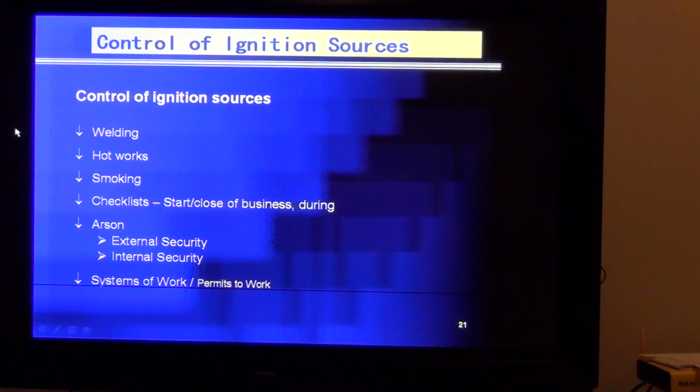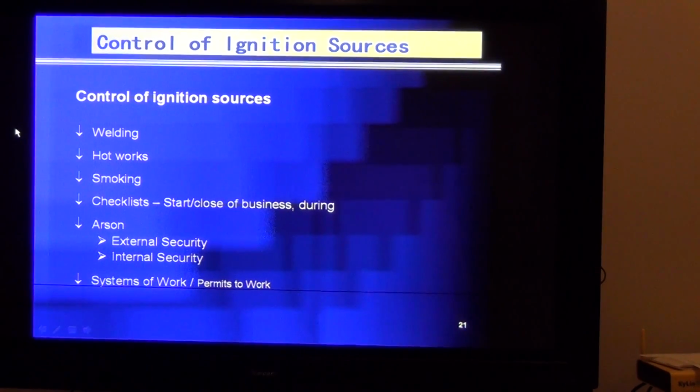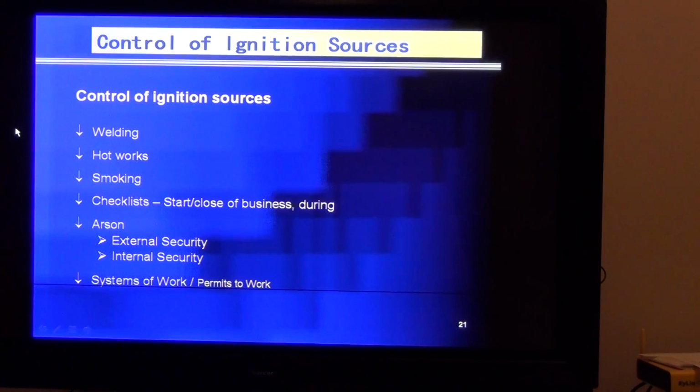Arson. Arson does not happen often, but it is a very important factor. So we need to control it. Arson includes two different ways maybe. First is external security. The second is internal security.